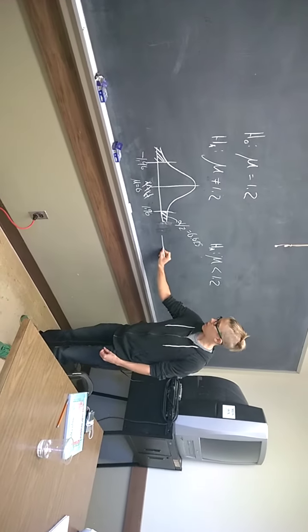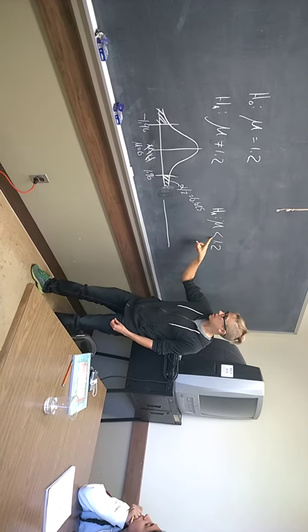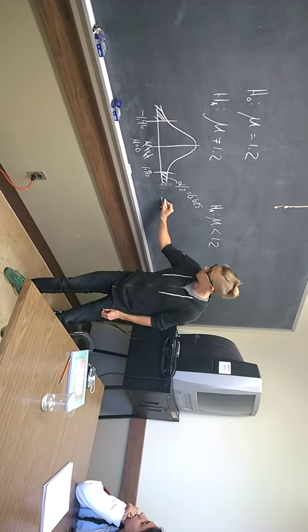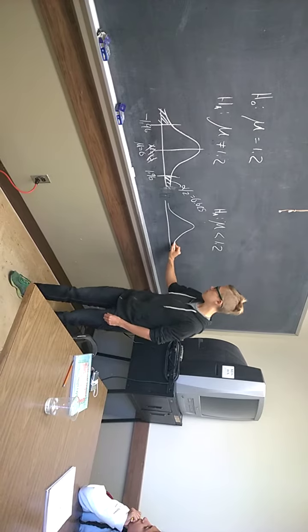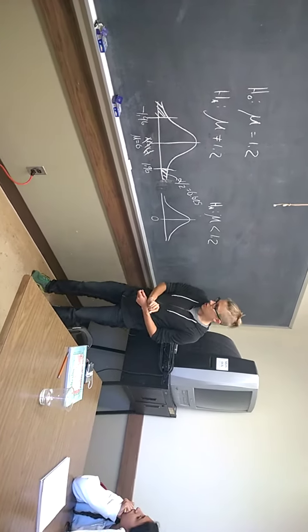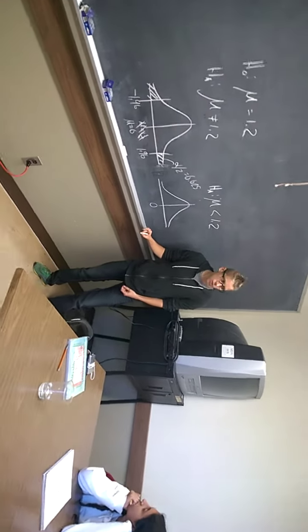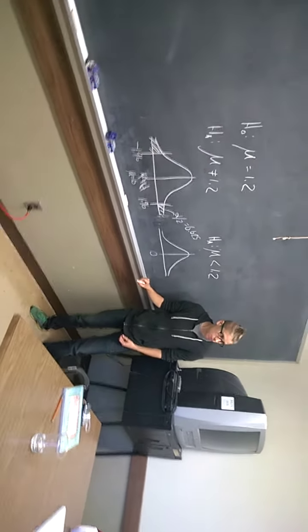Now over here, if our alternative hypothesis is that the mean is less than 1.2, let's do the same thing. We'll standardize our distribution, get the distribution centered at 0. Where will we reject the null hypothesis under this distribution?